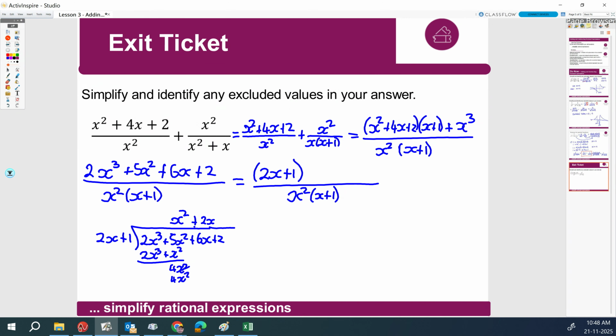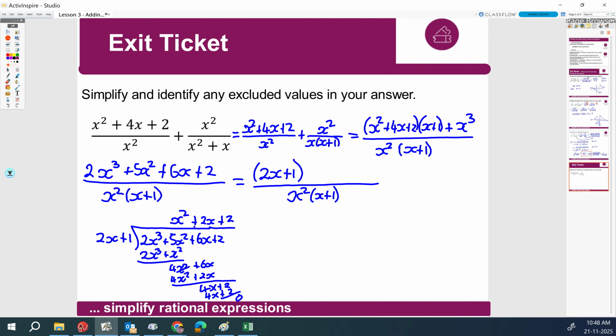And we have to drop down the 6x from here, and that will give us plus 2x. We do the subtraction again, and we get 4x plus 2. What do we multiply 2x by to get 4x? 2. And let's just make sure that this is a solution. You can see that it is fully factorable because the remainder is 0.